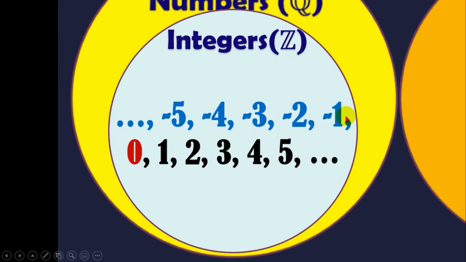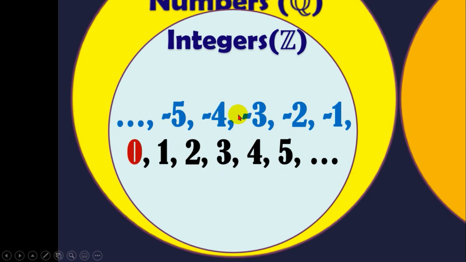Okay, so going to the left of zero are negative integers, and we say that as the number goes to the left, the number decreases, and to the right of zero are positive numbers. And we say that as we go to the right, the number increases. Okay, so these are the integers that we have: the negative, zero, and positive numbers.